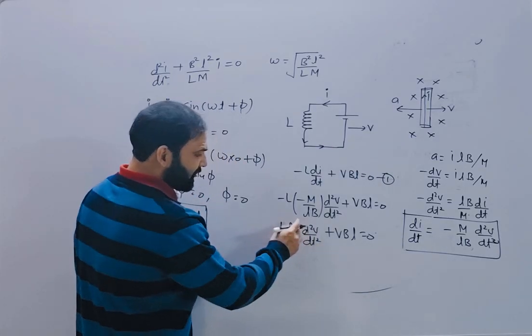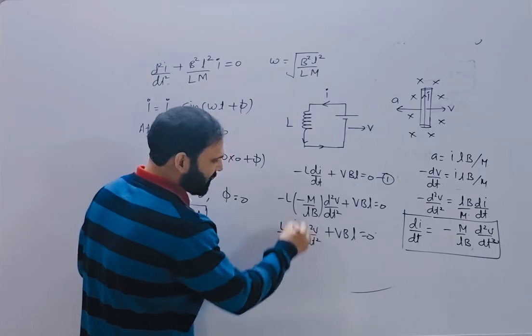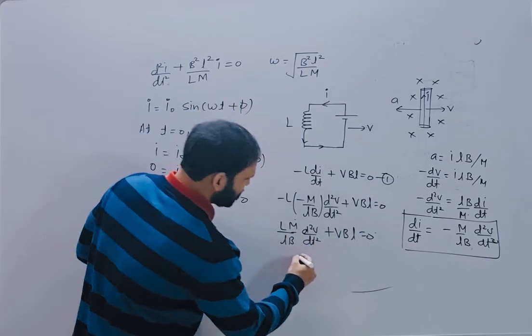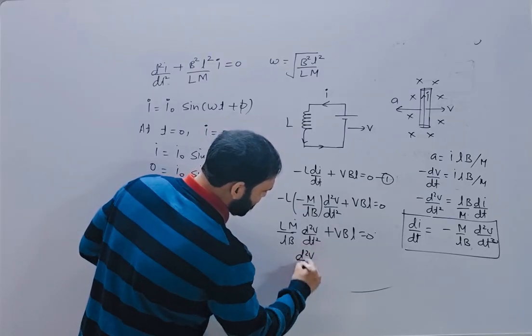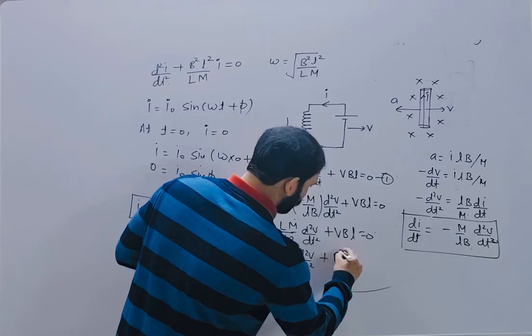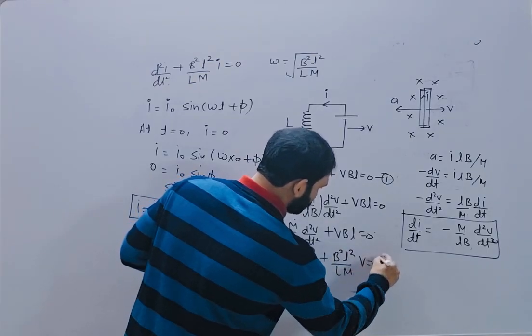Now we have to eliminate this term by dividing the whole equation by this term. So d2v by dt square plus B square L square by Lm v is equal to 0.